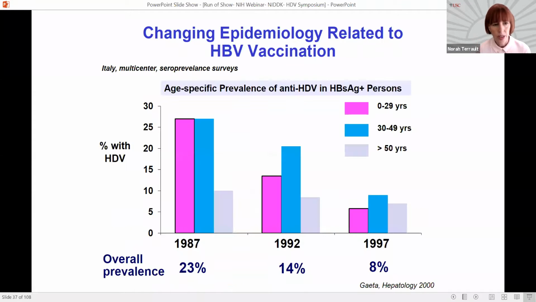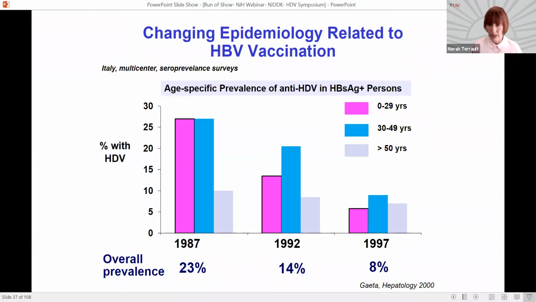Next, please. So there have been changes in the epidemiology that have occurred over time since its discovery back in 1977. And this is just one very nice study from Italy where they show how the impact of vaccination is influencing Delta.